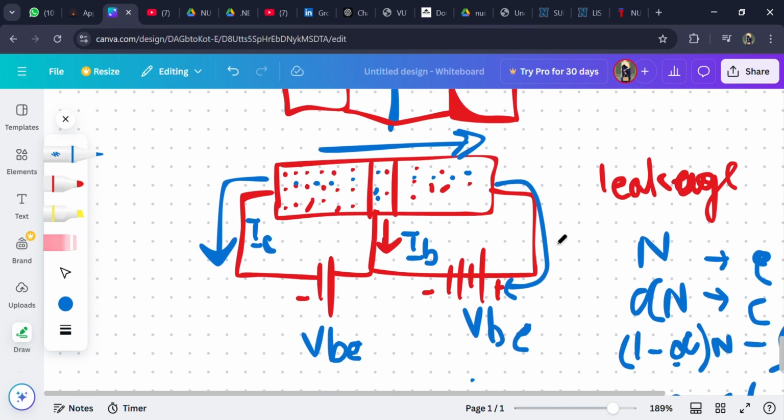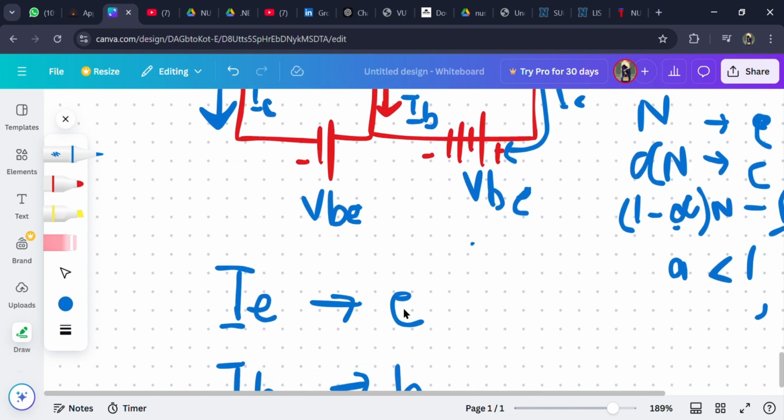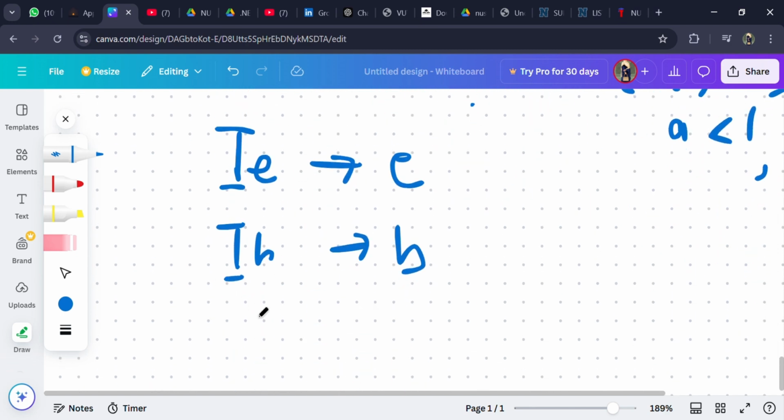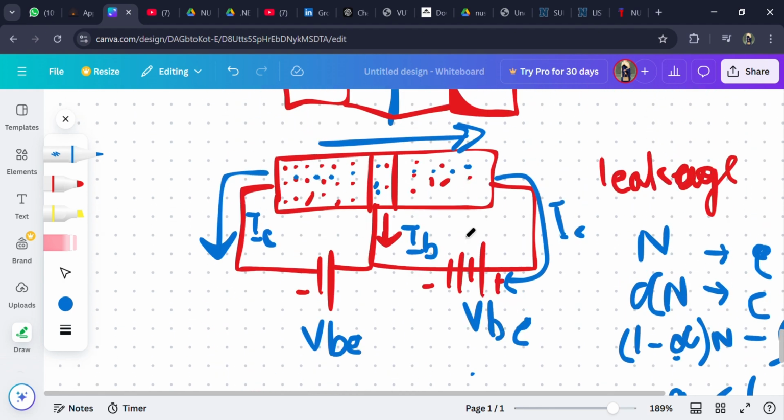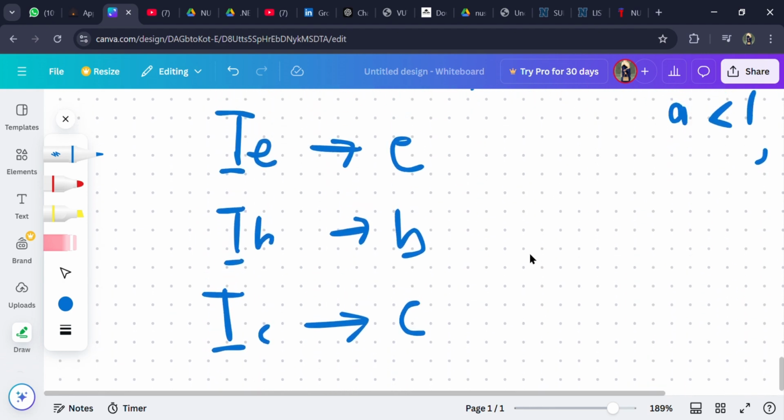The third type of current is IC, which is the current that actually reaches the collector side. Because of the reverse biasing, the collector generates a current that is IC.